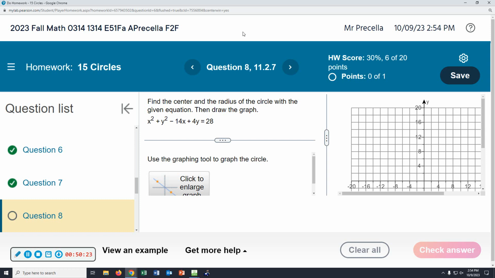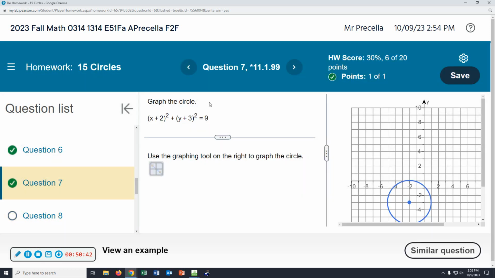The instructions say find the center and radius of the circle and then draw the graph. Those are the same instructions we were using for numbers 7, 6, and 5, but they were real easy because the previous ones were already in center radius form.